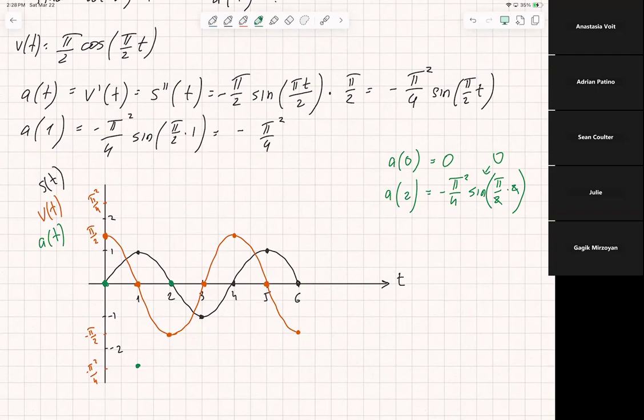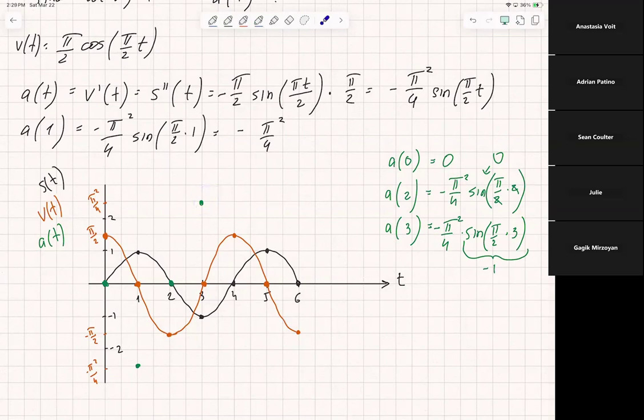And I am expecting to see a of 3 to be pi squared over 4. Let's check. So we have negative pi squared over 4 times sine of pi over 2 times 3. So sine 3 pi over 2, that's going to be negative 1. So the answer is indeed positive pi squared over 4.